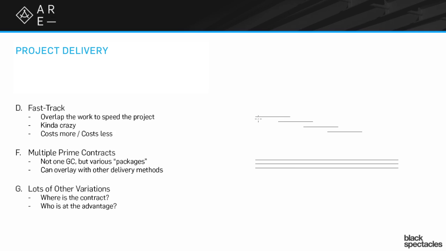So how this works is there's going to be a process where the architect is designing, say, the excavation and foundation system, and then that gets handed over to the contractor, and they build out the foundation. While that's being built, the architect might be designing the shell system, the structural system, say, and then the contractor is going to build the structural system.